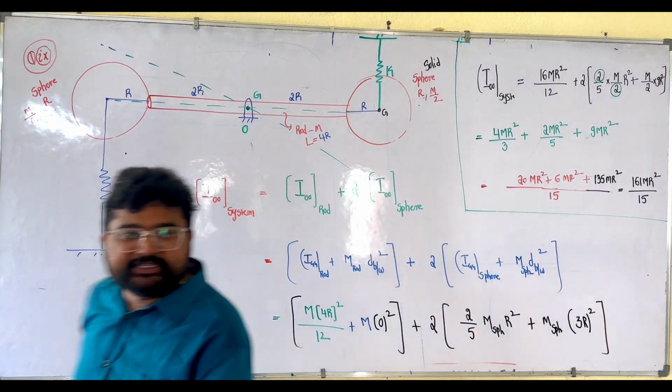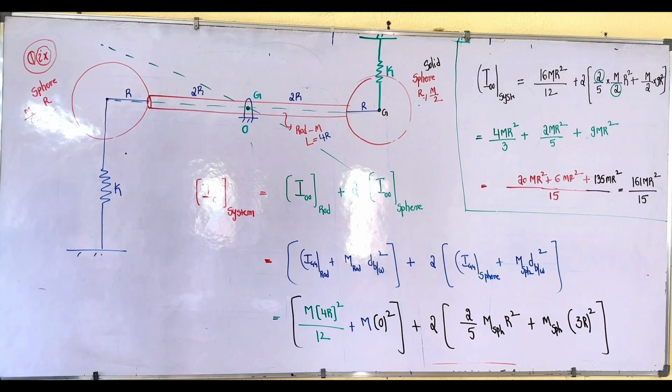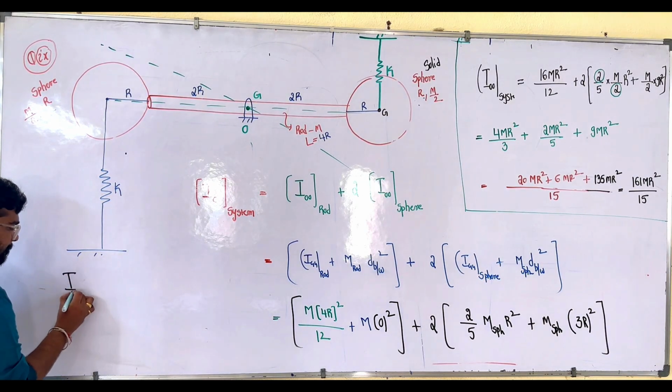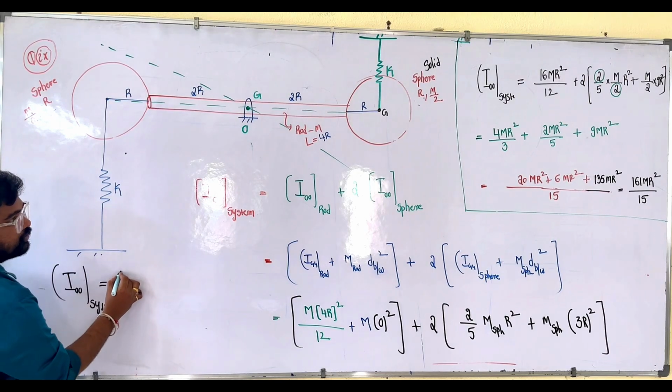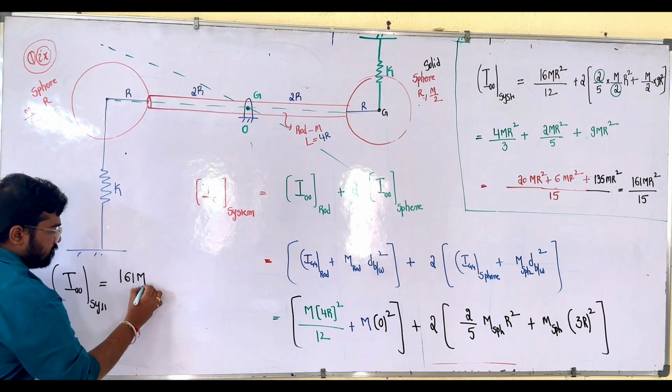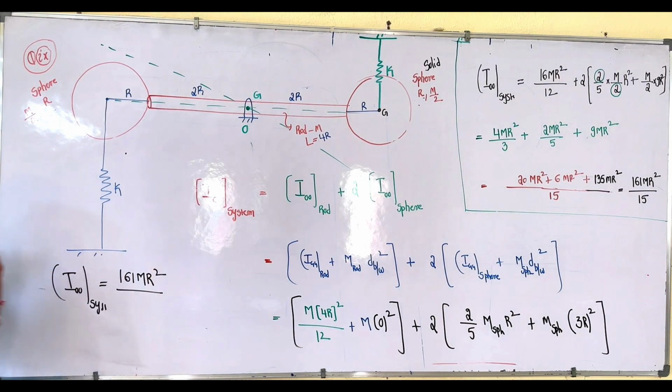IO of the system is 161 mr squared by 15.